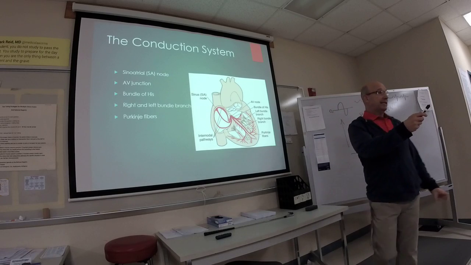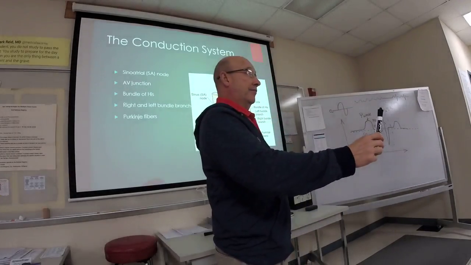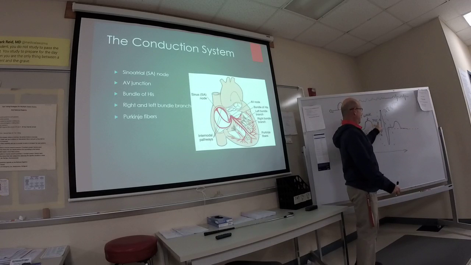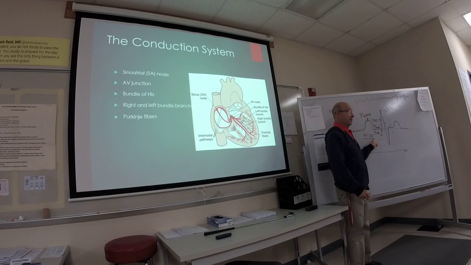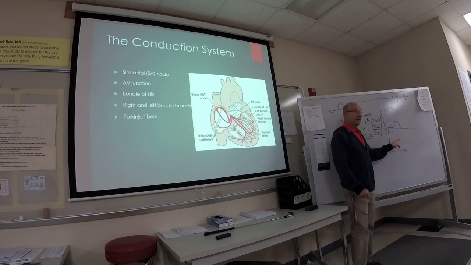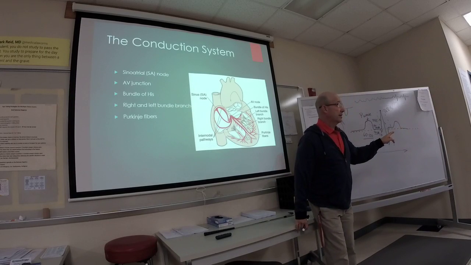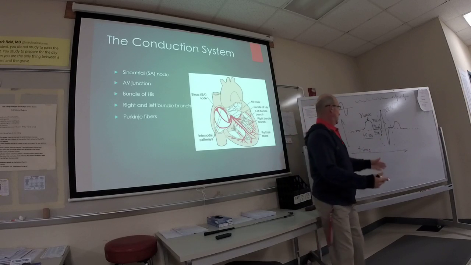So in the PCT land, you have to recognize what's normal. So what's normal is this P wave, the QRS complex, and the T wave, okay, at a rate of 60 to 100. If it's below 60 or above 100, doesn't mean that it's abnormal necessarily, but we would have to look at this. So you have what?